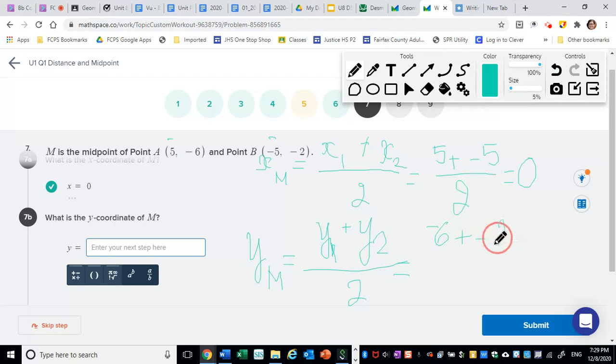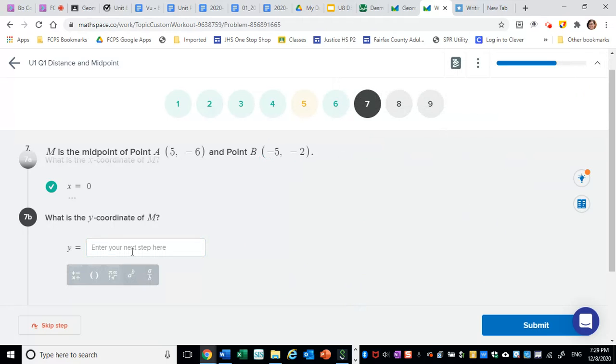Divide by 2, right? -6 plus -2 is -8. The -8 divided by 2 is -4, right? So the answer should be -4 here. Okay, and then you submit.